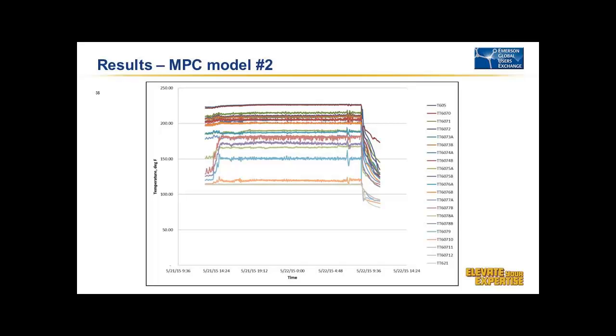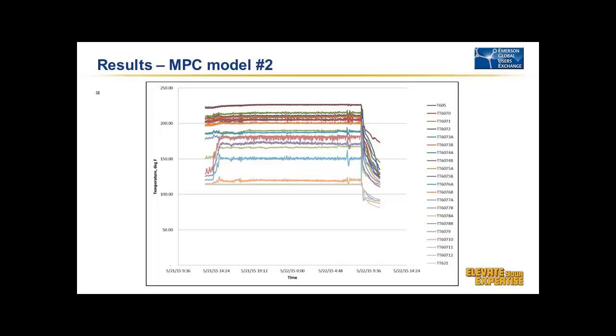And so these are the temperatures, again, across the column, and then our MPC model. And so this, to me, just screams steady state. We reach steady state. I can change conditions. You can see there's a little bit of a feed change right here, but it settled out pretty significantly here, and then we shut down the column.